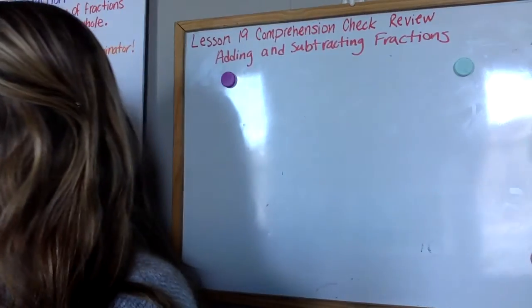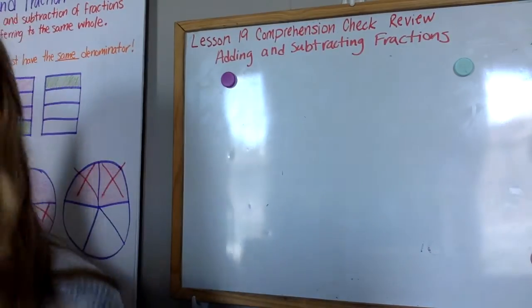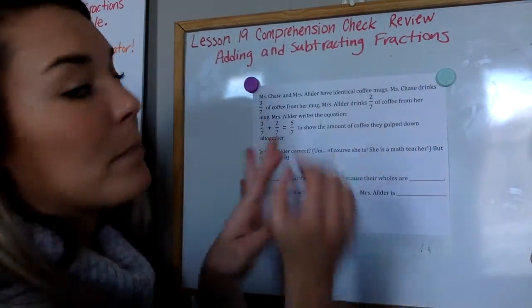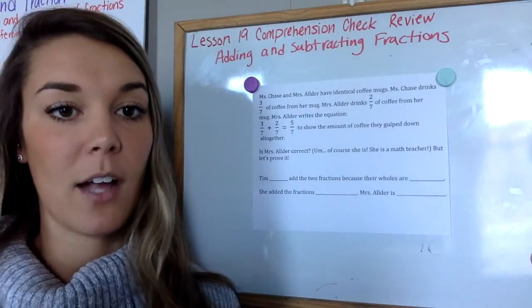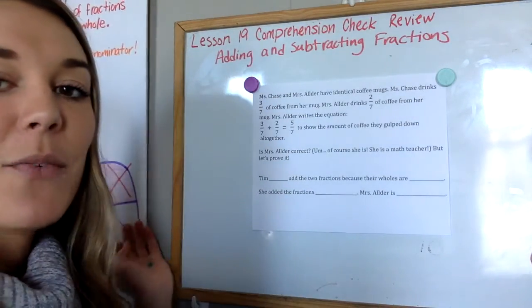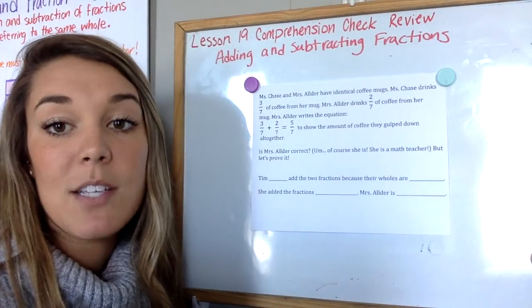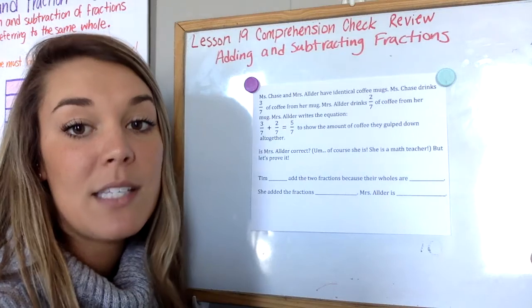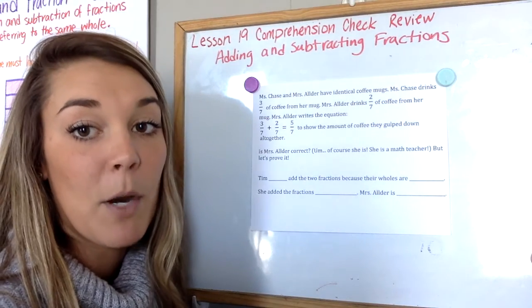Then the last one I want to show you, I made up my own rendition that's very similar to the problem that you're going to see on your comprehension check, okay? But I personalized this one for Mrs. Alder and I. So the problem reads, Miss Chase and Mrs. Alder have identical coffee mugs. Miss Chase drinks 3/7 of the coffee from her mug.